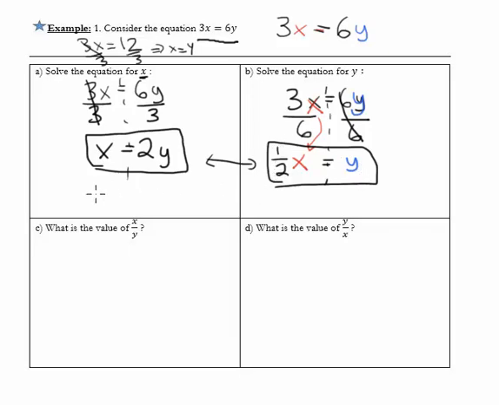And we can actually try this with numbers if we want, just to experiment to make sure this makes sense. We could say that 6 equals 2 times 3, right? So if x is 6, y is 3. Is that true here? If we do 1/2 of 6, do we get 3?